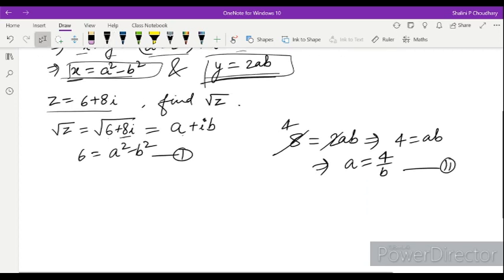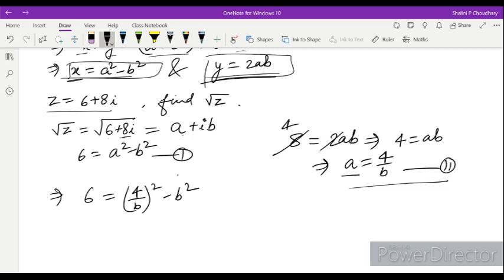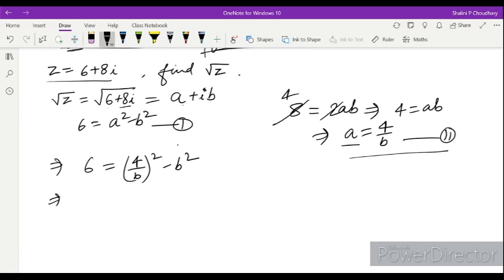Now putting the value of equation 2 in equation 1, what we'll get? We'll get 6 equal to a square. What is the value of a? (4 upon b) whole square minus b square. So 6 will be equal to 16 upon b square minus b square. That will be 6 equal to (16 minus b to the power 4) divided by b square.